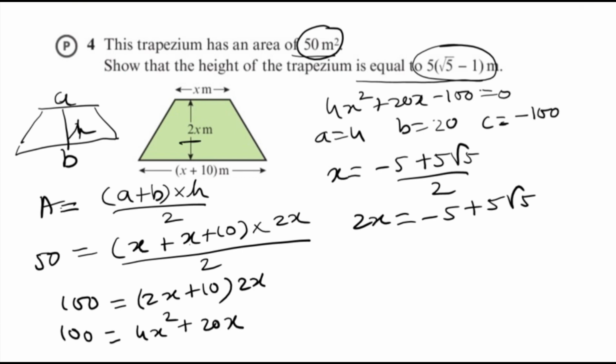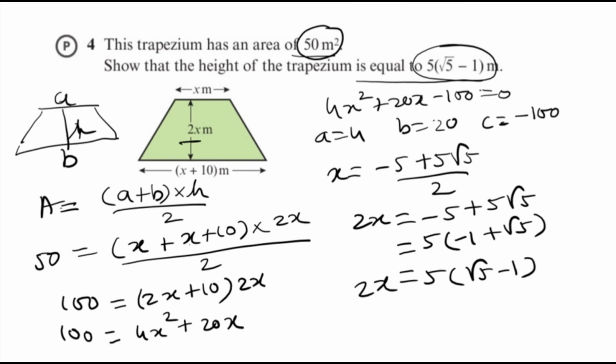But still to get this form we have to take 5 common from the bracket, which gives minus 1 plus root 5, and then we rearrange them to root 5 minus 1. I just swap these two terms. So 2x is equal to 5 into root 5 minus 1. So this is our required answer that we proved.